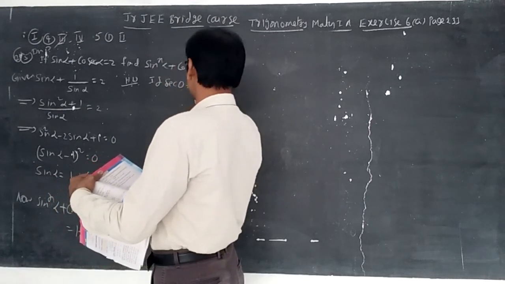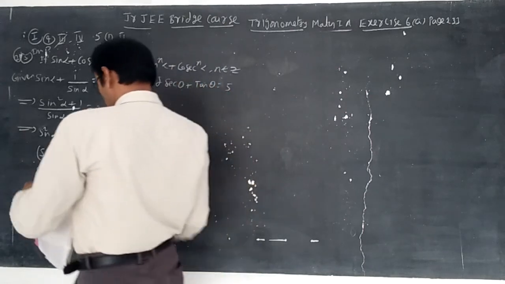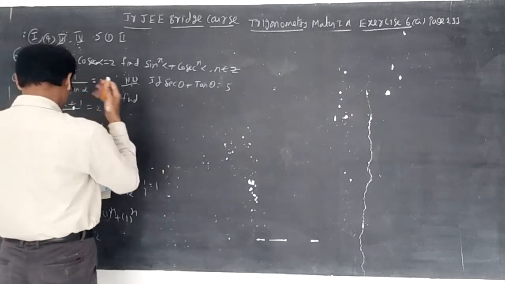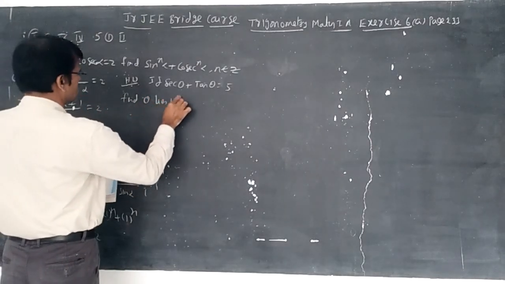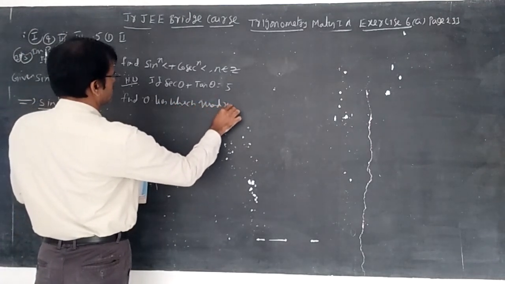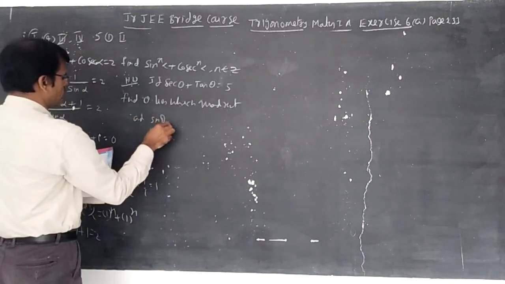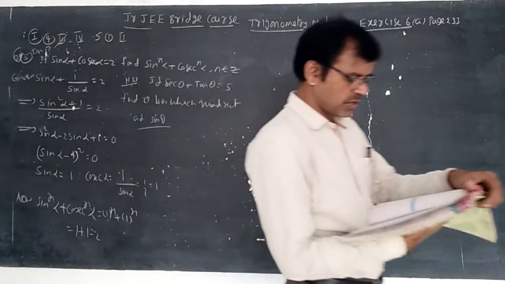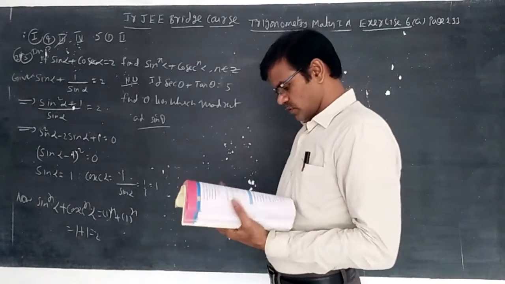If secant theta plus tan theta is equal to 5, find which quadrant theta lies in, and find sin theta. So the value of sin theta you can calculate, and which quadrant theta lies in you also calculate. So this is the homework I am giving.